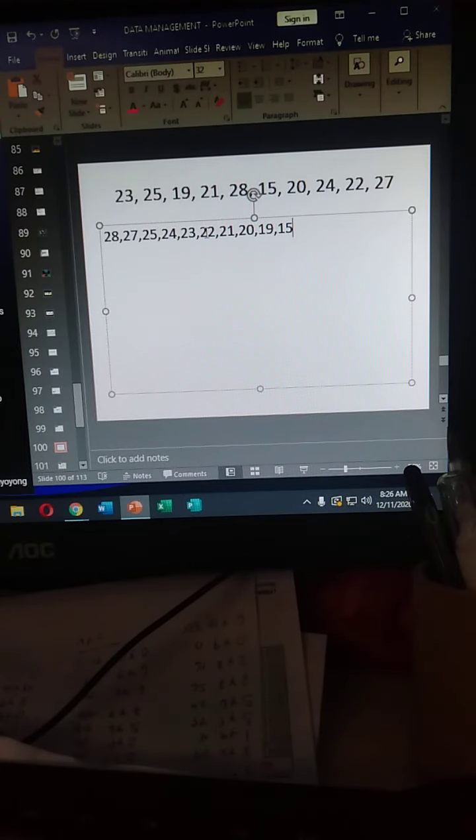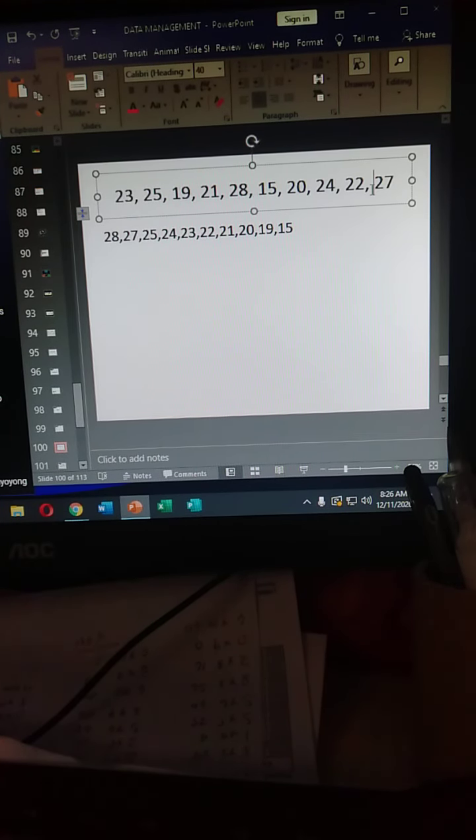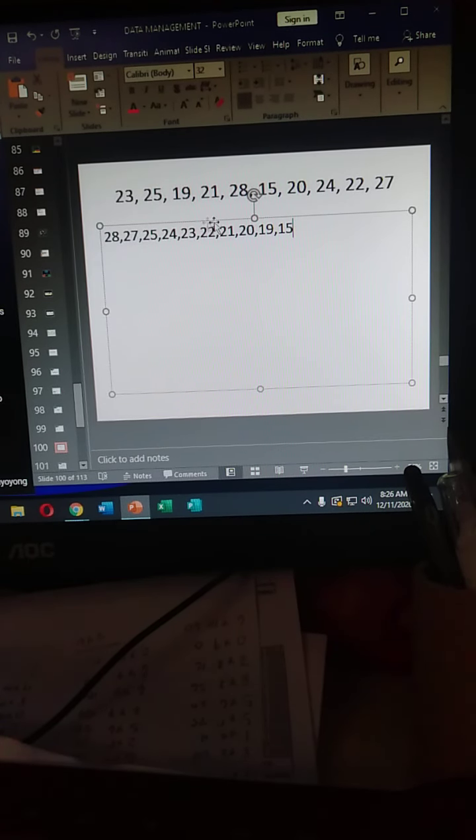Tama ba? So, 1, 2, 3, 4, 5, 6, 7, 8, 9, and 10. Correct. So, 10. Diba? Naayos na siya from this scattered, hindi pa naayos na order into descending order from highest, which is 28, to lowest.